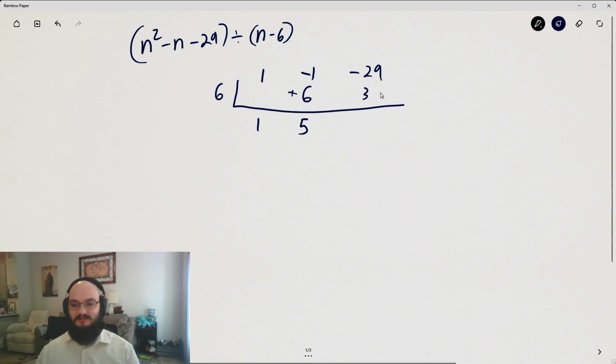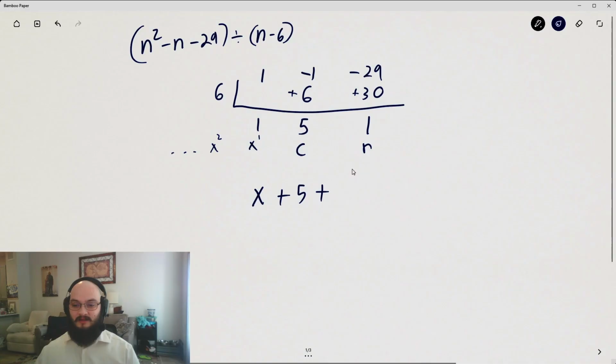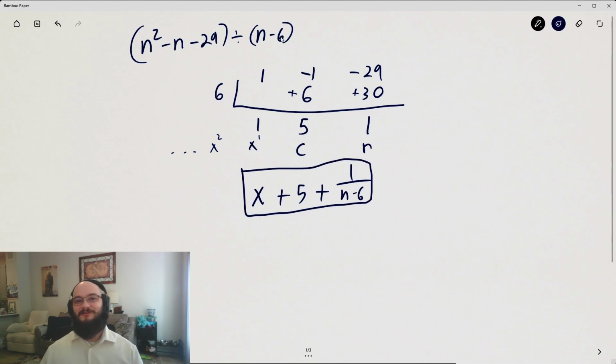Multiply these together to get 30. Add these together and get 1. And the pattern for writing out our final answer is remainder, constant, x to the first, and then x to the second, etc., going back on to the left. So we'll have x to the first plus 5 plus 1 over our divisor up here, x minus 6. And that is our solution to this division problem using synthetic division.